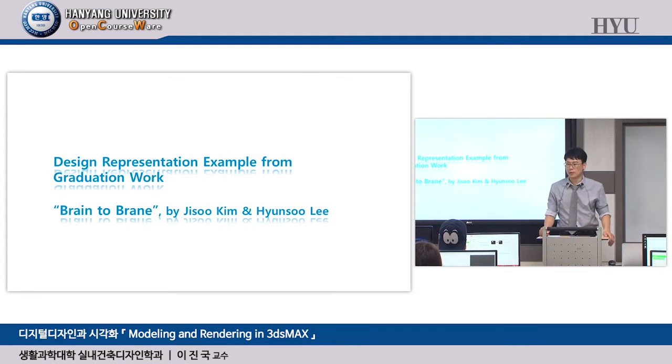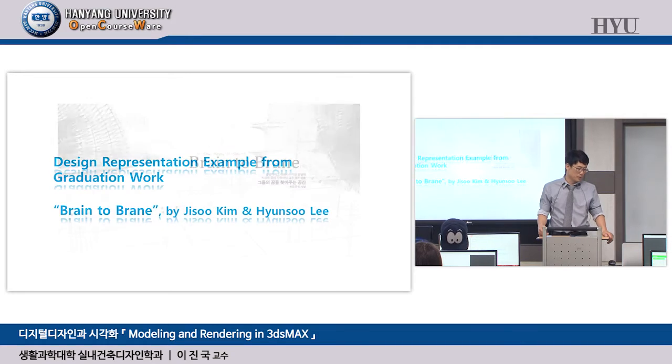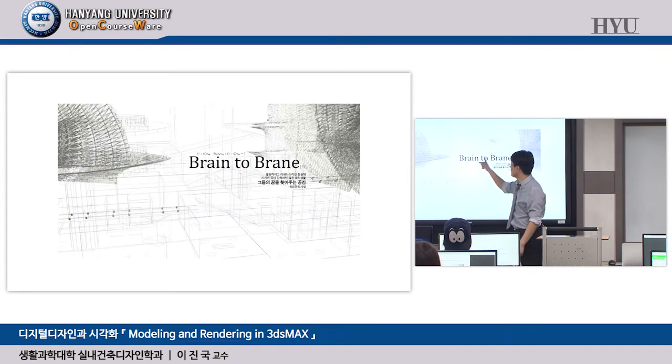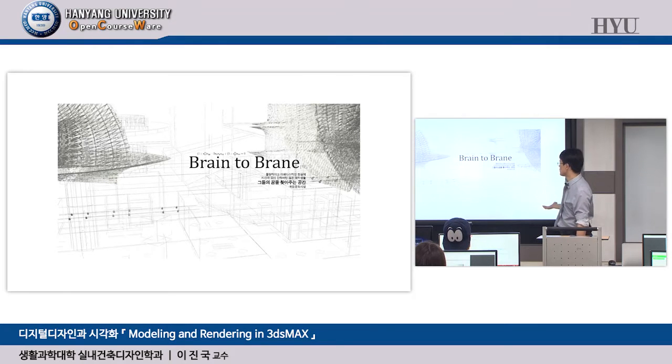It's just plain one of the design representations, design presentations, design visualizations. So how it is composed. This is the so-called title page, okay? Brain to Brain, title text, and some brief text about this content, the design approach, with some background image, okay?